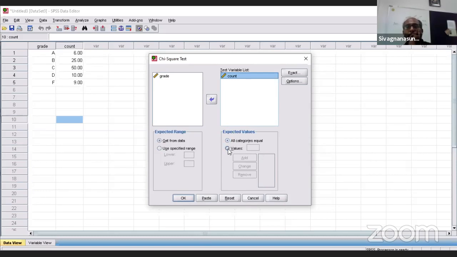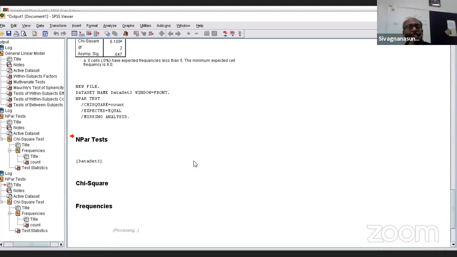In the earlier exercise, I selected the other option and gave the values. In this, I'm treating all categories as equal, so I need not give the values. Otherwise, if you take the other option, you have to give 0.2, 0.2, 0.2, 0.2, 0.2. So I'm treating all categories equal. Let's click OK.